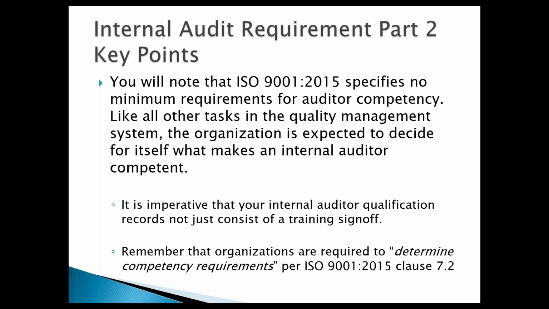You know, you think about the fact that you've defined competency for every other requirement within your system. So it's no different for internal auditing. And it's important that your internal auditor qualification records not just be a training sign-off. You do have to determine competency requirements. That's established in section 7.2.